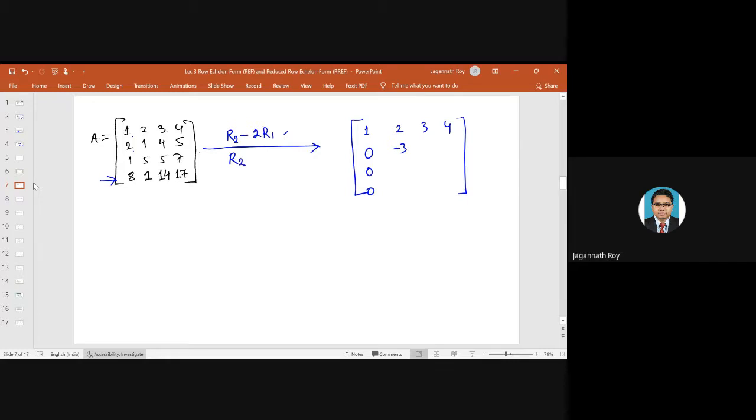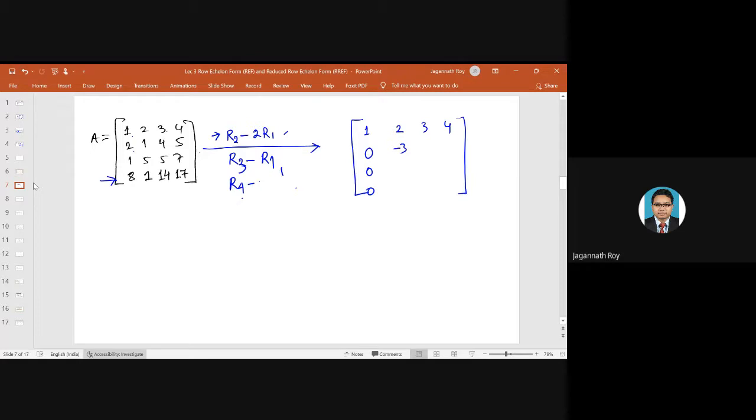So R2 minus R1, R3, and R4 minus 8 R1. Because you are changing R2 now, once you change the new R2, you have to do R4 minus 4 R2 old. You have to write it because in the first step you are changing R2.